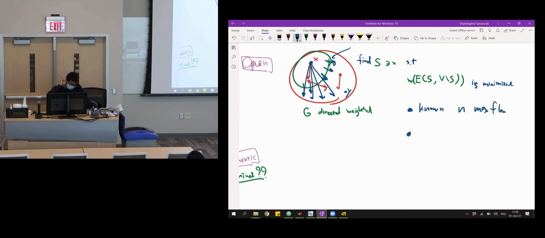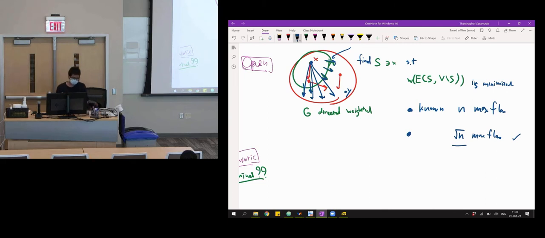But quite recently, my co-author and I showed that something like square root n is enough. Anything below square root n would be interesting.